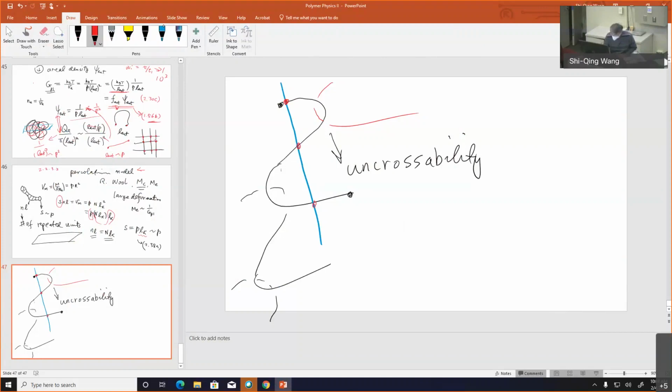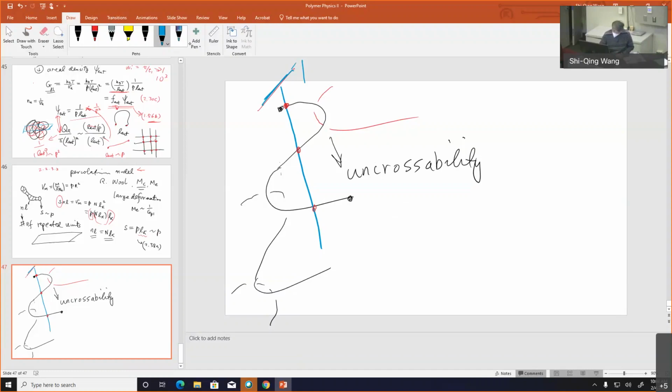If you treat this as a plane and cut it, you're cutting this chain in three places. And if the chain is shorter, you're going to cut it only twice.